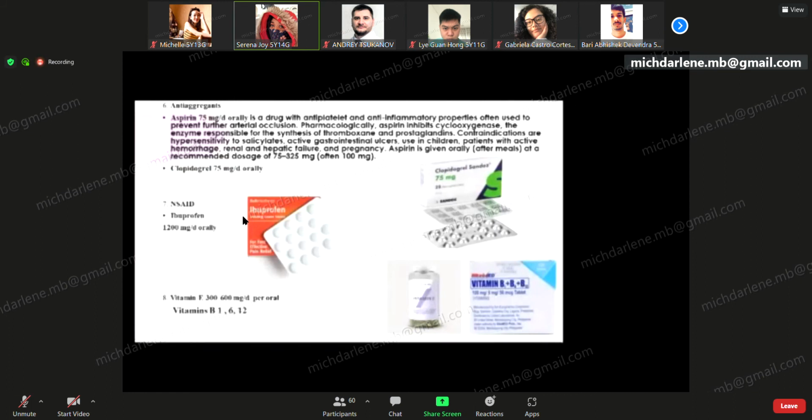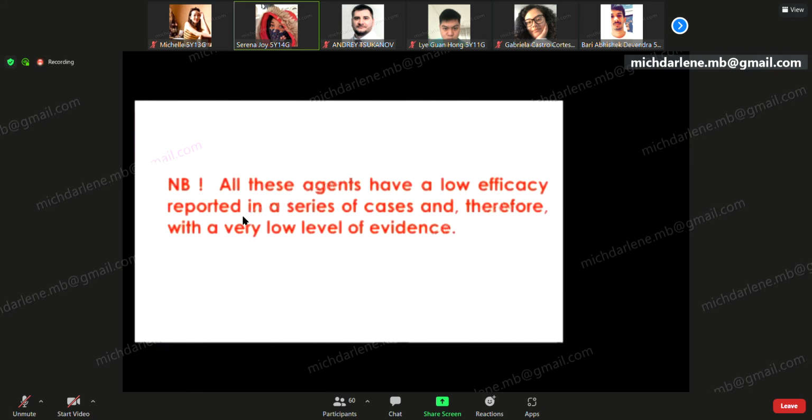Also, we can administer vitamins: vitamin E and the B group vitamins, B6 and B12, for these patients. But there is no approved medicine, and all these agents have low efficacy reported in a series of cases, and therefore a very low level of evidence.